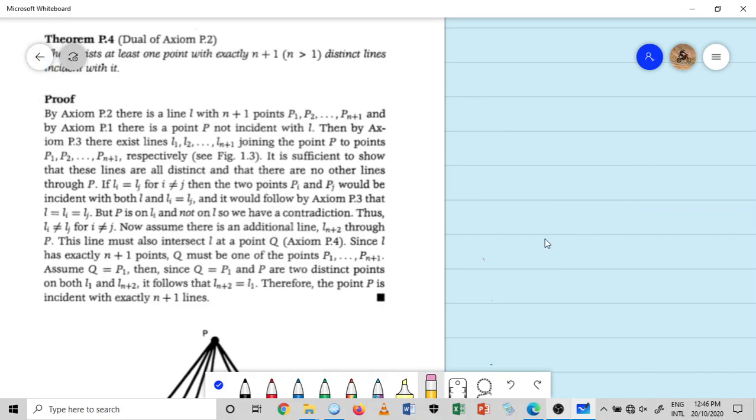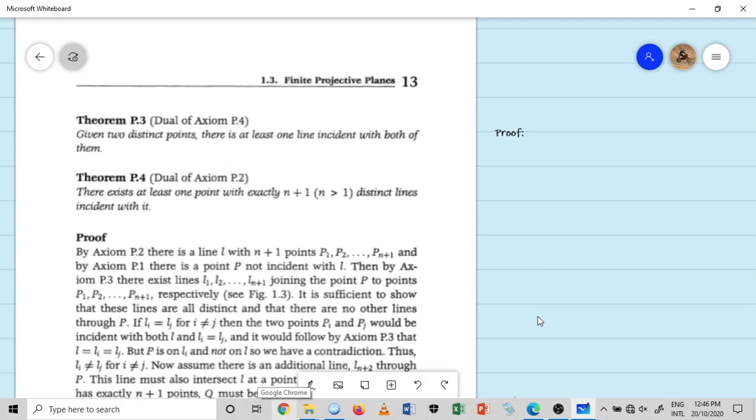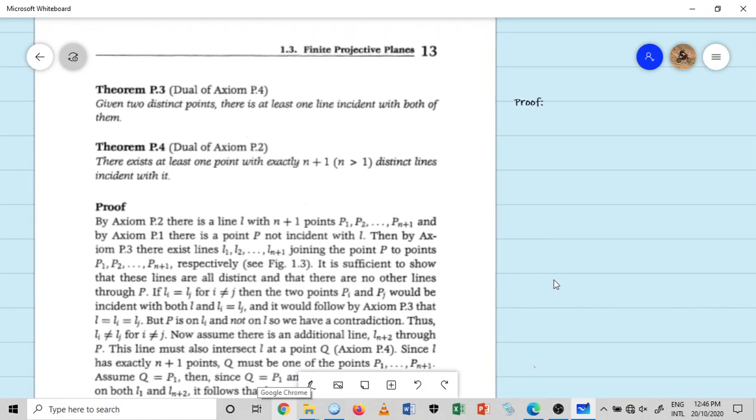Hello guys, we are now on the third part of our instructional video series for the topic finite projective planes. We are now to prove the dual of axiom P.4.